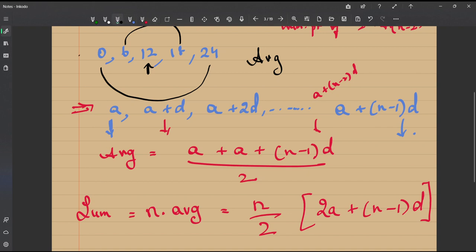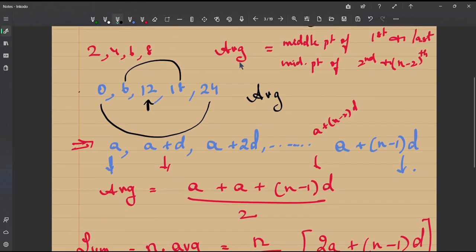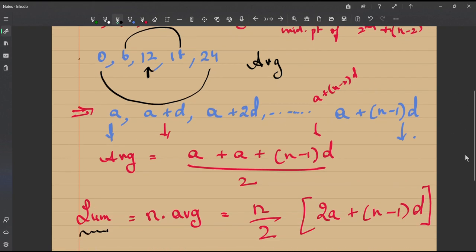So in this video, we have also found another way of expressing the sum, because the average was equal to the middle point of the first and last term also.